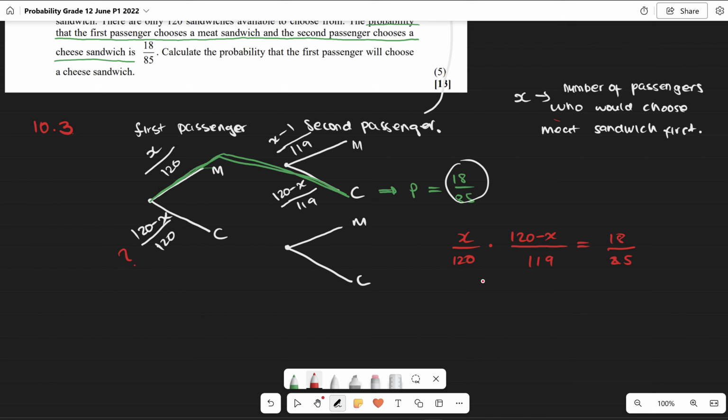First, let's simplify this. We have 120x minus x squared all over 120 times 119, which is 14280. This is equal to 18 over 85.